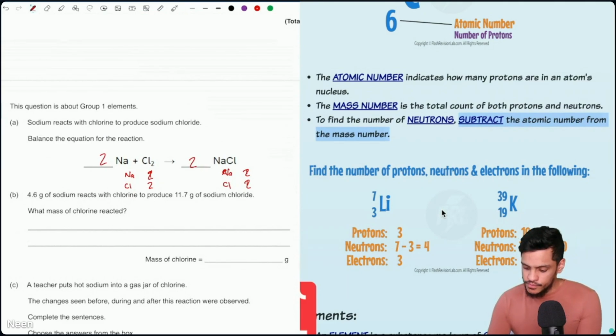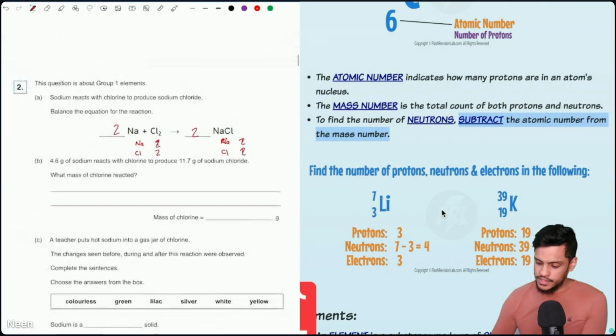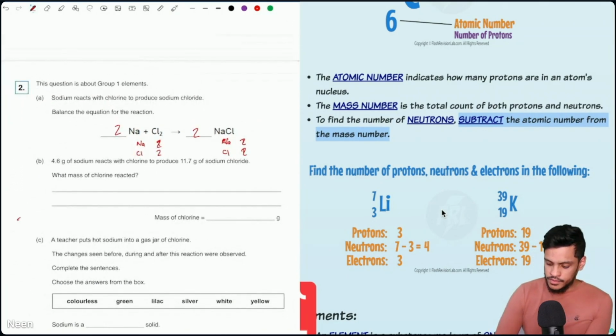4.6 grams of sodium reacts with chlorine to produce 11.7 grams of sodium chloride. What mass of chlorine reacted? What do you guys think you need to do here? Sodium plus chlorine forms sodium chloride.